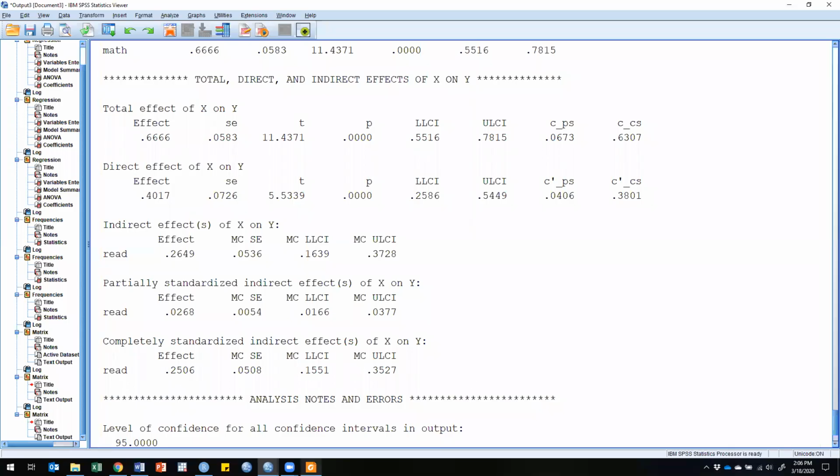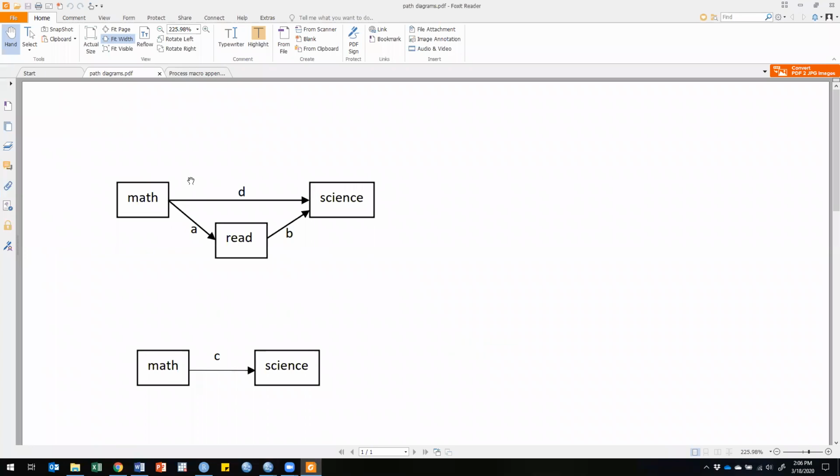So that's in a nutshell how we would typically run a mediation analysis. We start off by assessing the total effect of our exogenous variable on our dependent variable. What's the total effect of math on science achievement? Then what's the direct effect of math on science achievement, controlling for reading scores?